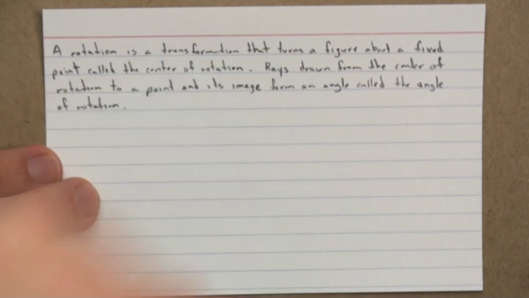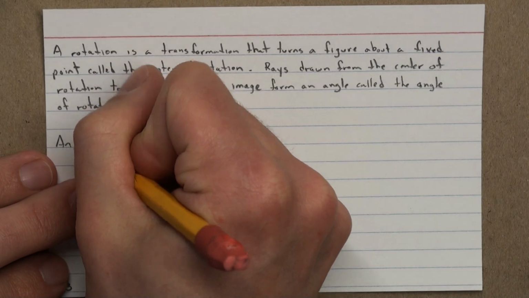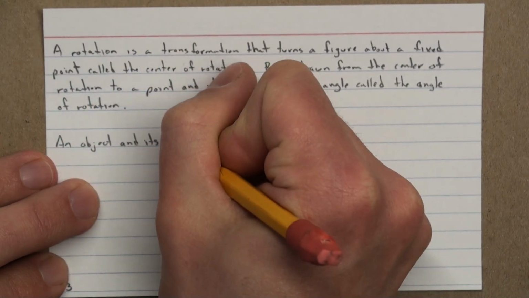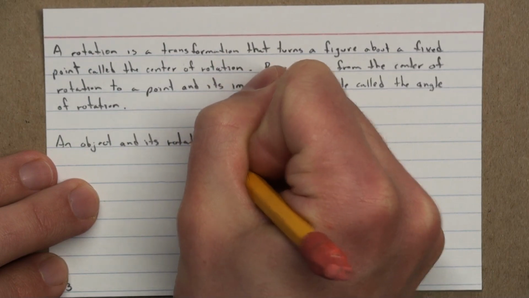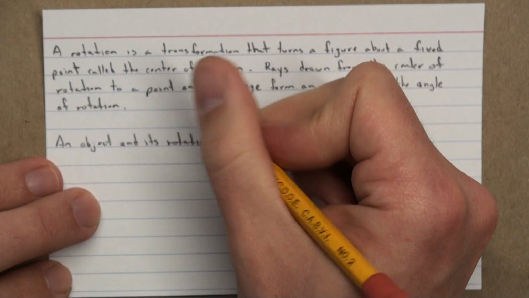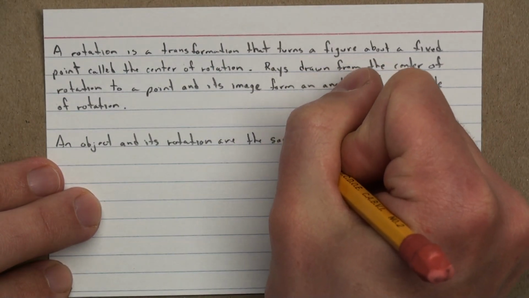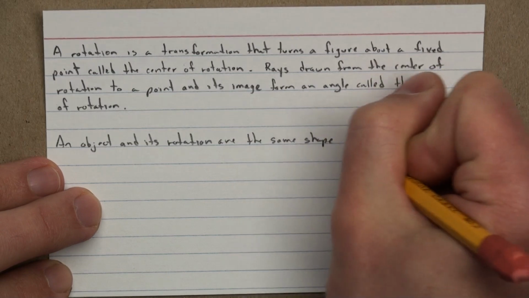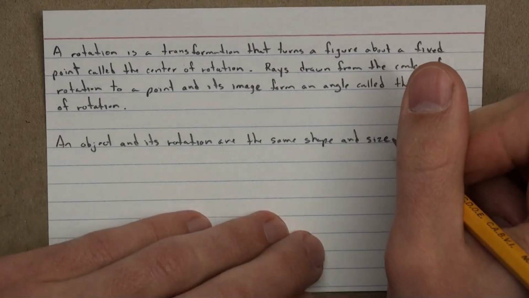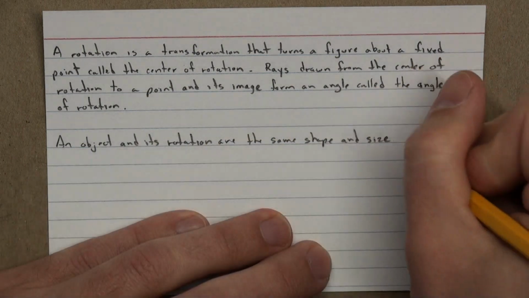An object and its rotation are the same shape and size, but the figures may be turned in different directions.